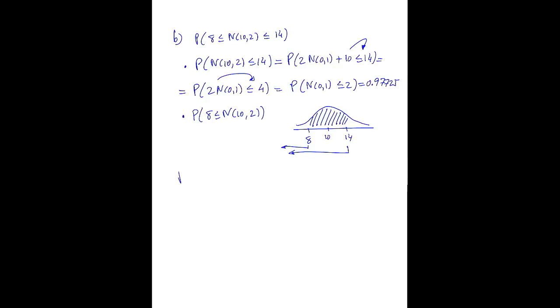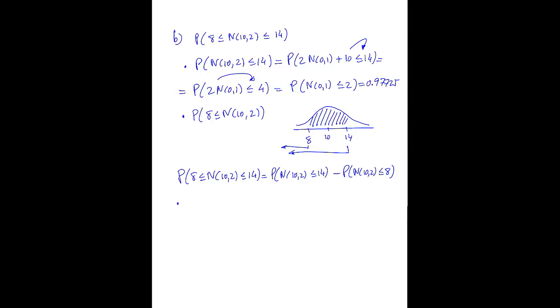So what we are really looking for is the probability of our normal 10, 2 less than or equal to 14 minus the probability of a normal 10, 2 being less than or equal to 8.